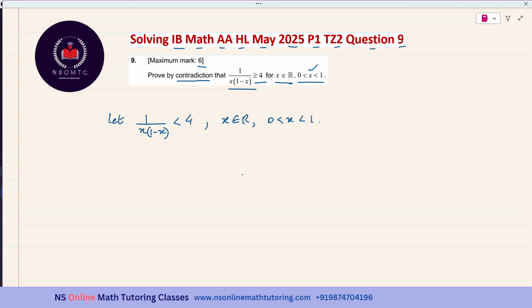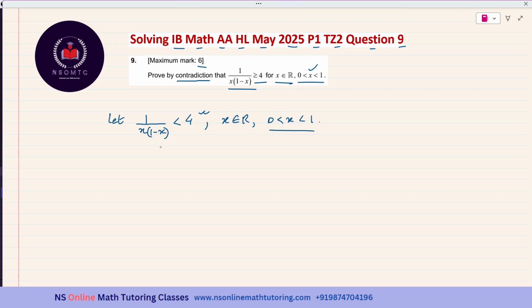Fine. And now we have to prove that this inequality is absurd. How to prove this? One way that readily comes to our mind is to try to solve this inequality and show that x is not any number between 0 and 1. Yes, that is one of the methods. But how do we solve this inequality?